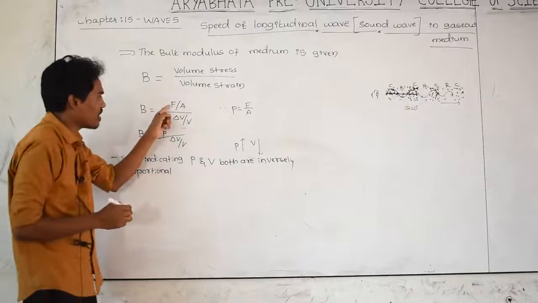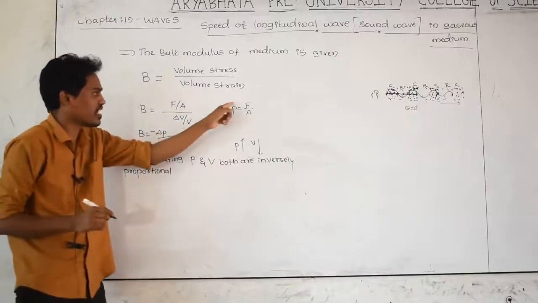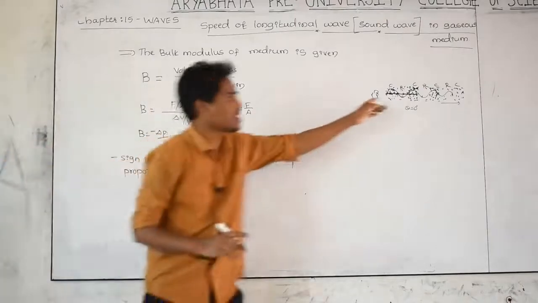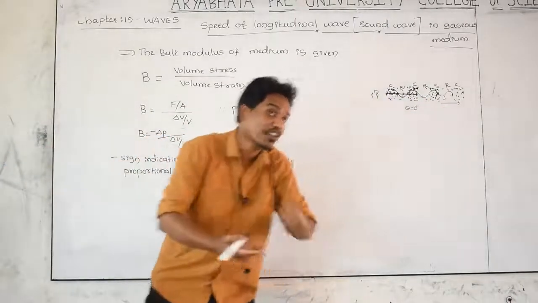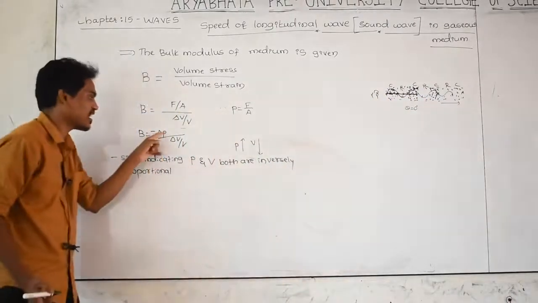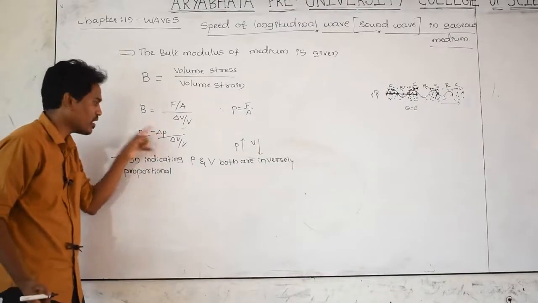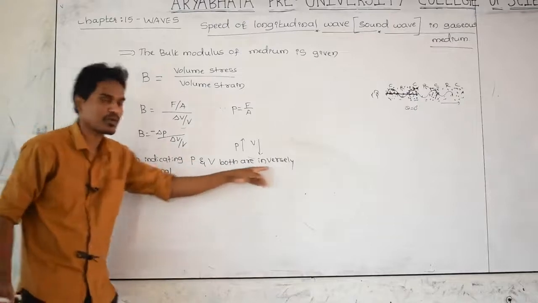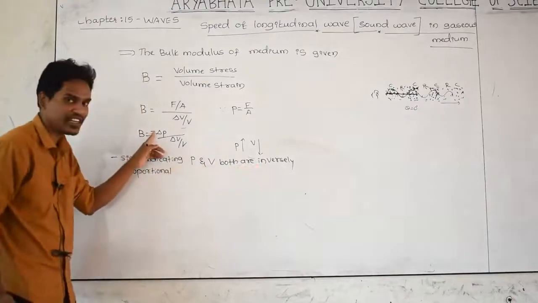And instead of F by A, it has P. But don't take P, take it as delta P, because the pressure changes. A changing quantity can be indicated as delta. Therefore, delta P, minus sign indicating the relation between pressure and volume is inversely proportional.